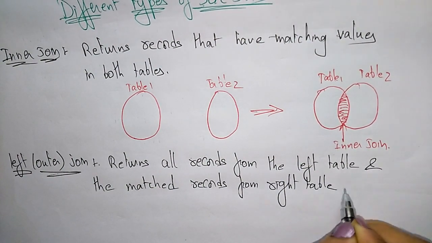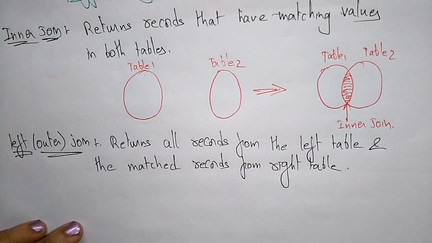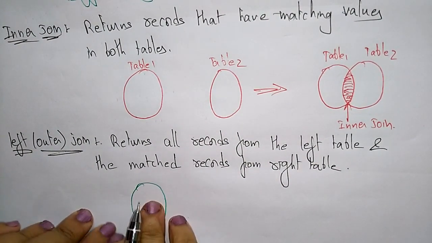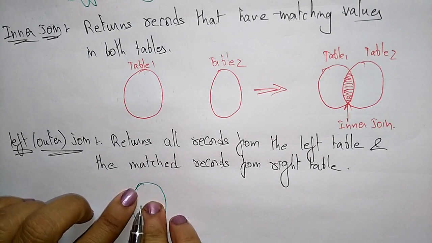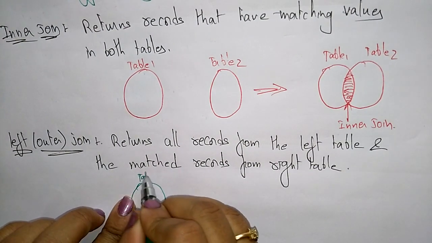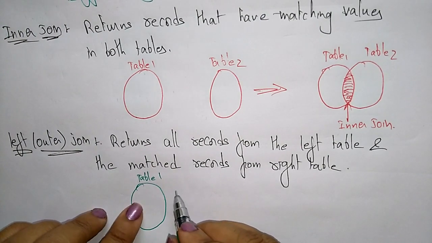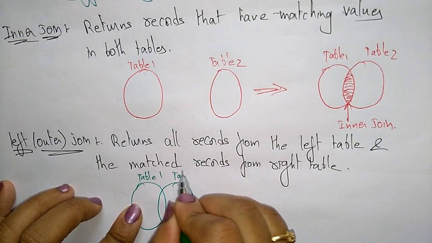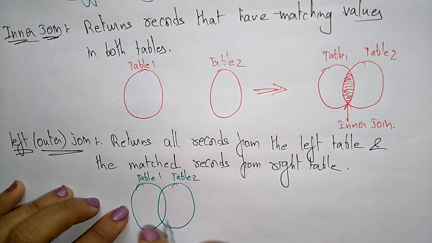So what is this left outer join saying? It is saying that it returns all records from the left table. So this is the left table, that is the table 1. Okay, along with the matched records in right table. So this is the right table.